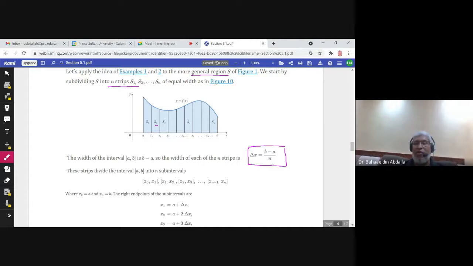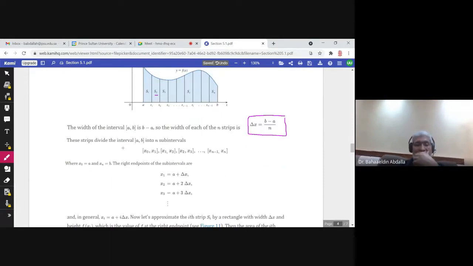So b minus a over n always gives you the width of the strip, and it would be the width of the rectangle. And you have the interval AB divided into these intervals from x0 to xn, x0, x1, x1, x2, and so on, where x0 is A and xn is B.